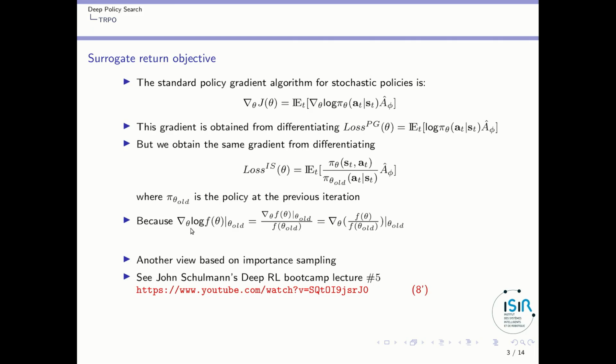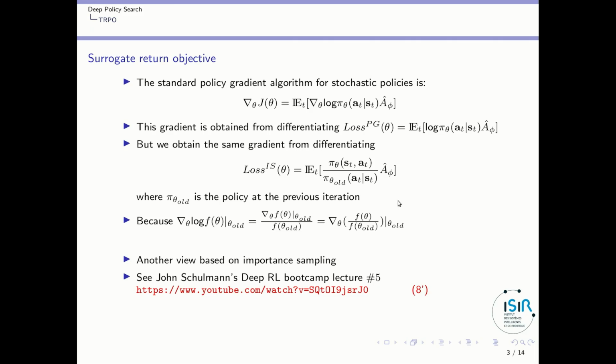And this gets the same derivative as this, because if you expand that, in fact the derivative of a log can be written this way, and at that particular point, which is theta old, you get exactly that derivative, so you get exactly the same thing as before. Okay.